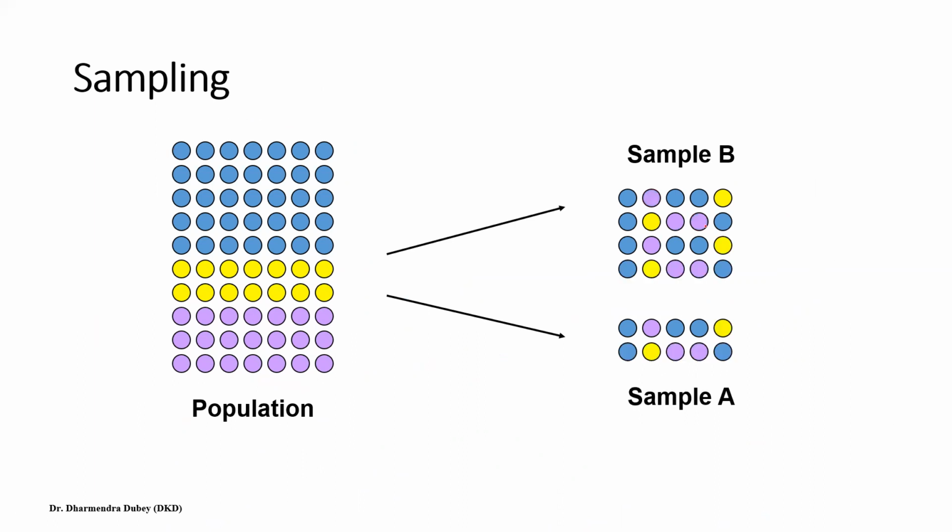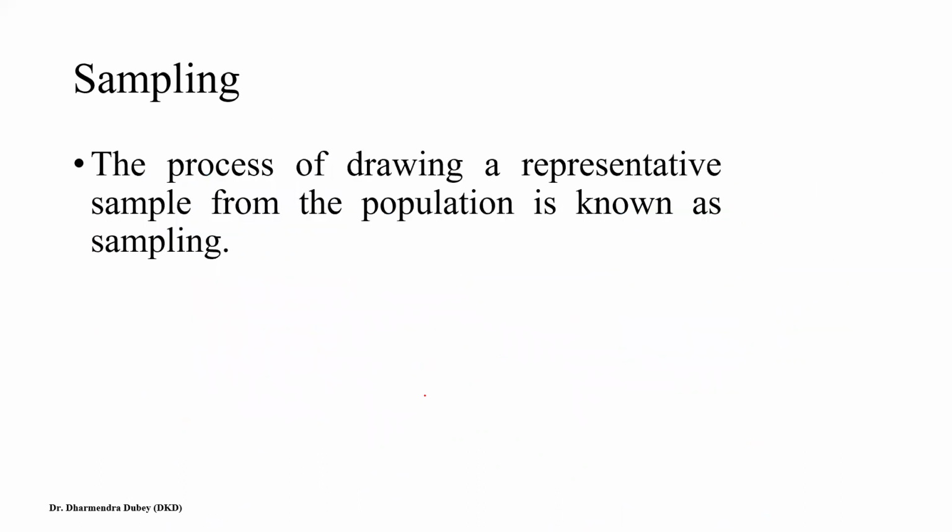Likewise, see here, the same way: target population, study population, and out of the study population we are selecting the sample. So this is the basic information we need to understand.